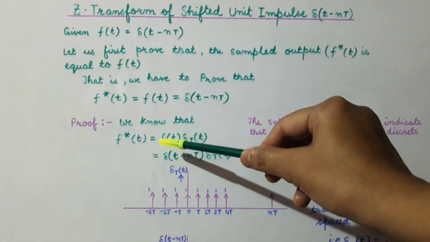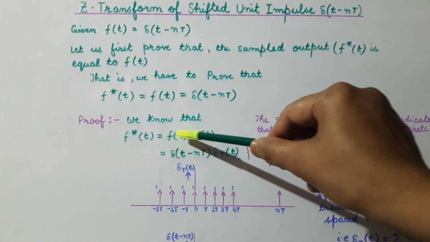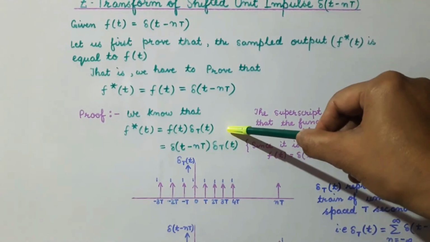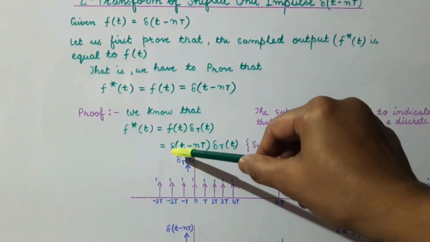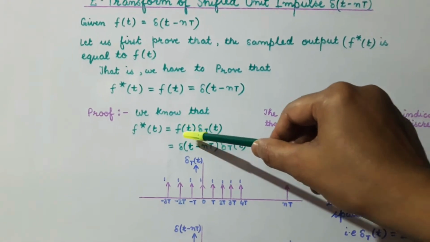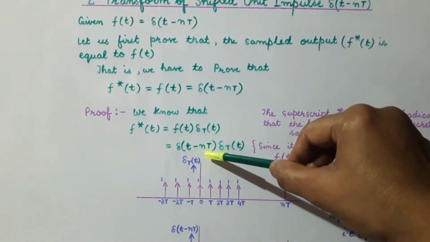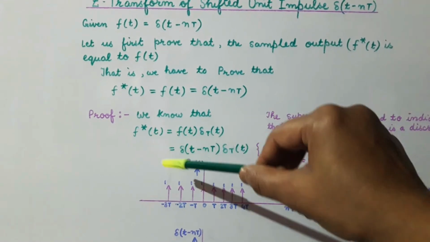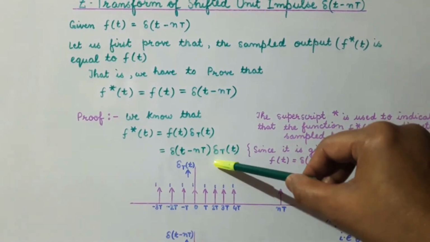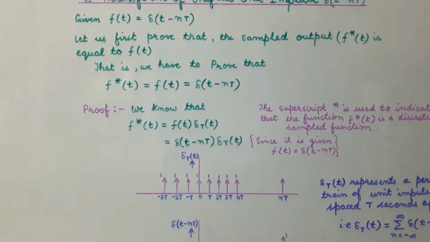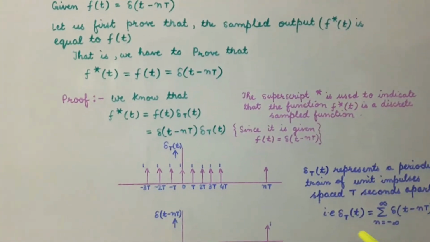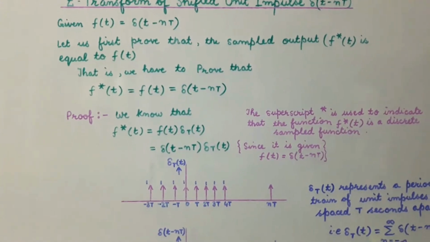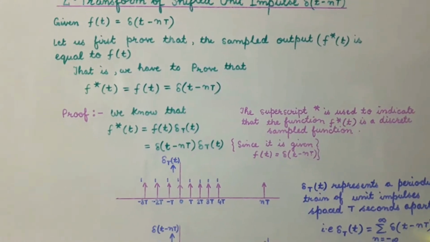So we find that f*(t) is given by f(t) into delta_T(t). Now the value of f(t) is delta(t - nT), so we have substituted the value of delta(t - nT) in this equation. So we get f*(t) is equal to delta(t - nT) into delta_T(t). Now from here we find that delta_T(t) is equal to delta(t - nT).